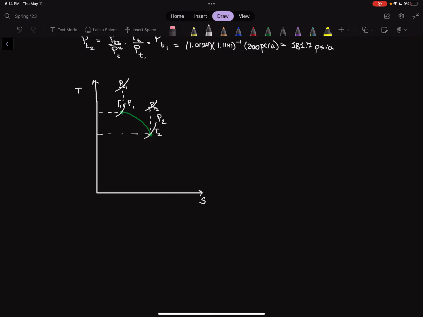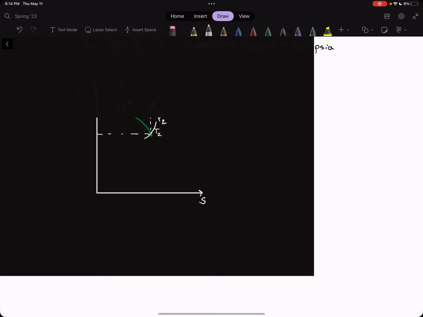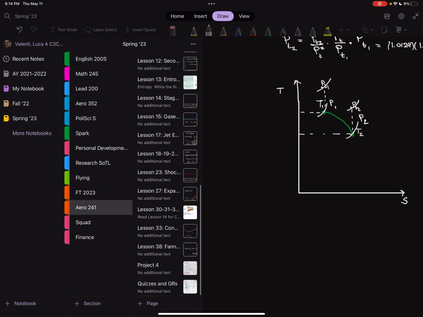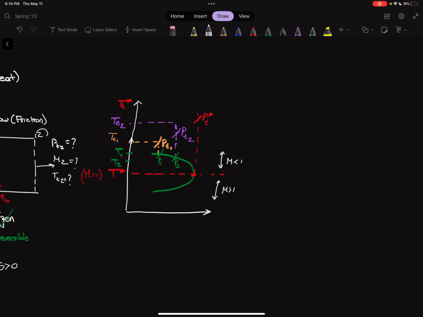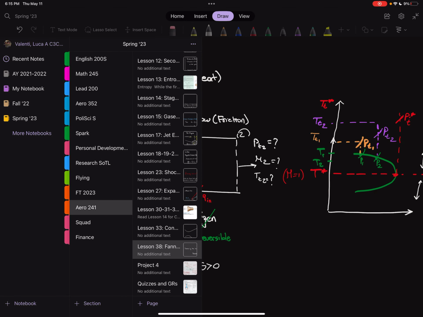And the temperature should be higher at T2 than it is at T1. This is good. This is how you learn. So P1, P2, PT1, PT2 is going to move to the right. The temperature is going to go up. And so I'd have to draw it like this.